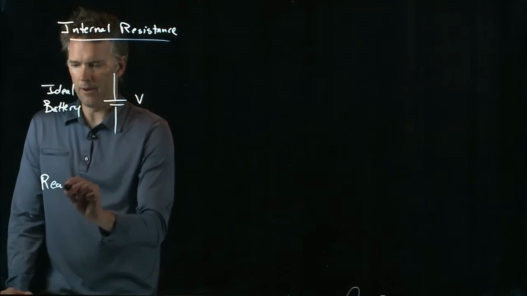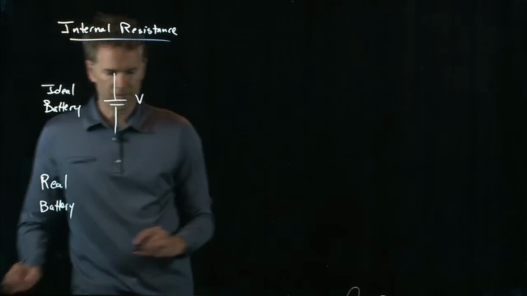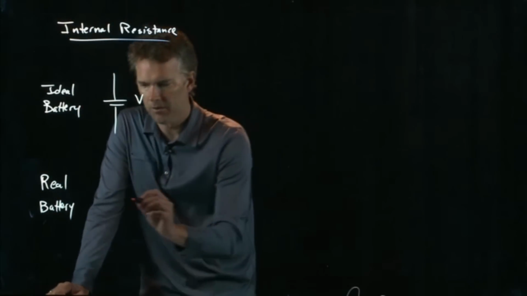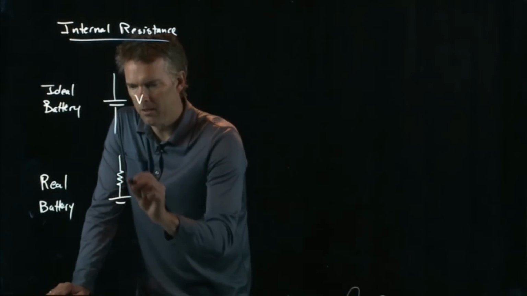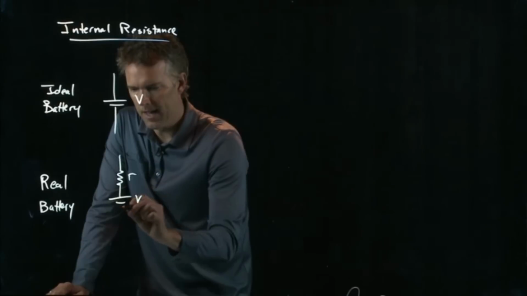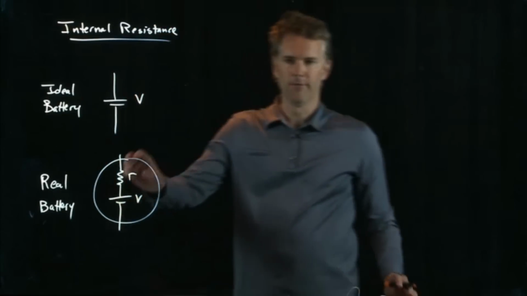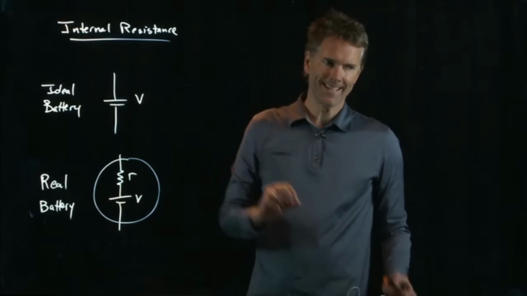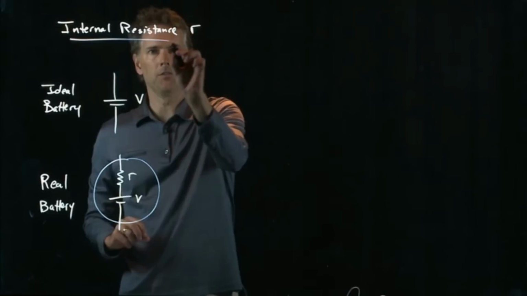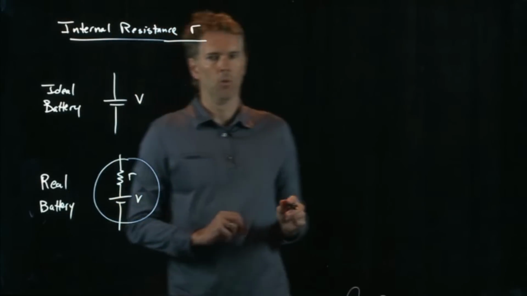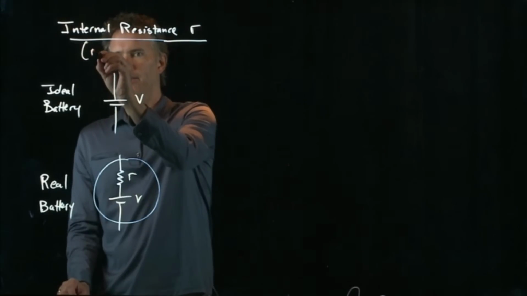A real battery has some internal resistance to it. So a real battery should really be modeled as this. A voltage plus an internal resistance. And that's this little lowercase r. What is the resistance inside a battery?